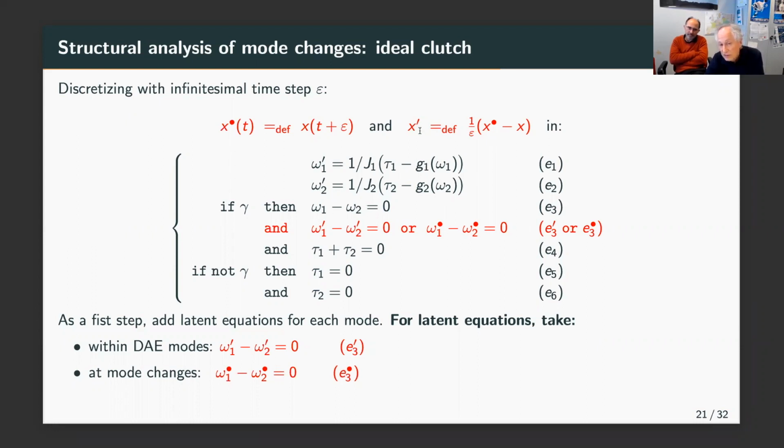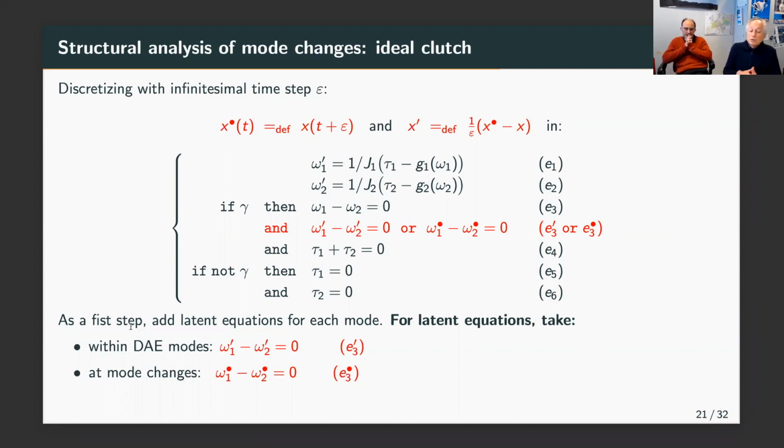Okay, you should consider that x prime or x bullet are two equivalent representations of the leading variable. So we either work with the differentiation or with the shifted variant. And then the rest of the model is there.